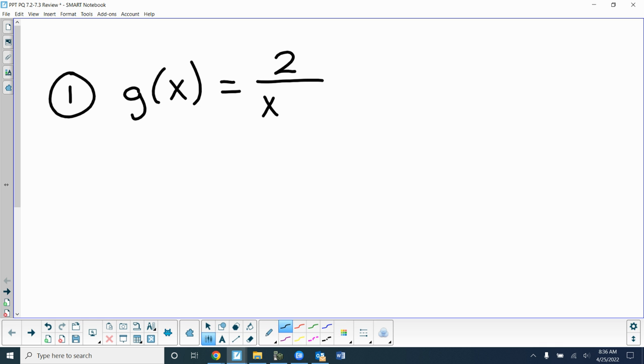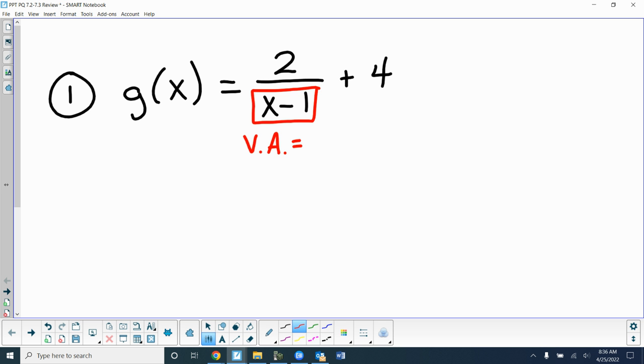When we have a rational function like this one, where the numerator is just a whole number, then the denominator, like in all of these rationals, tells us the vertical asymptote, which also tells us the domain, right?